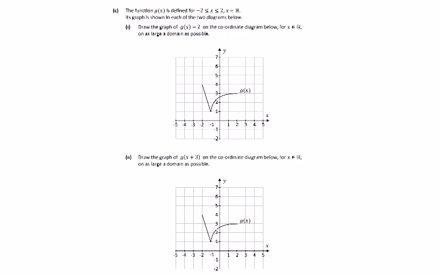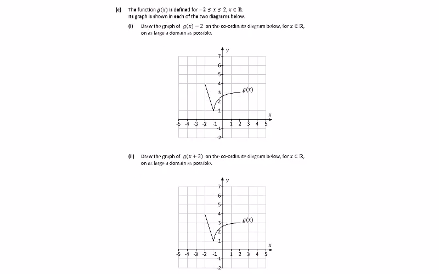g is a function defined for x between minus 2 and plus 2, which we can see here. Its graph is shown in each of the two diagrams, so they're identical. So we have g of x, or y is equal to g of x, our knowledge of functions here. Draw the graph of g of x minus 2, so that's y take away 2. So we take away 2 from every y value.